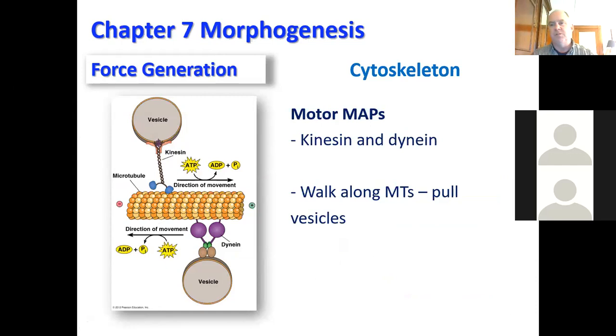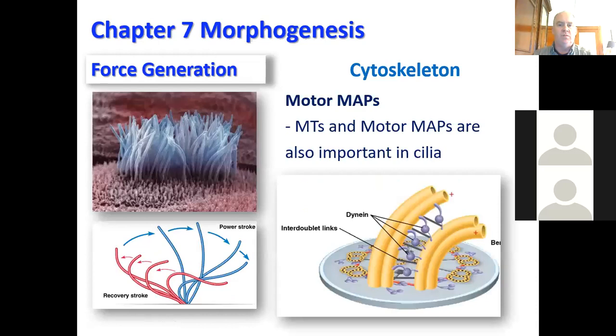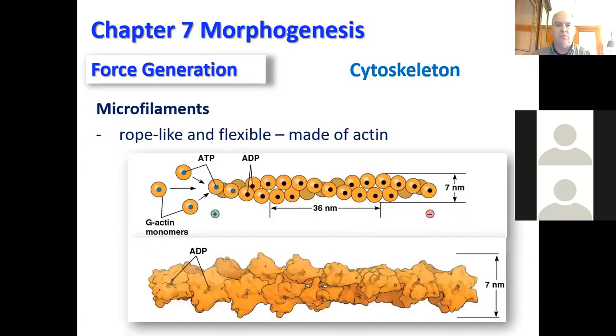So way back we talked about Xenopus fertilization and then cortical rotation. That cortical rotation was caused by microtubules and motor MAPs somehow. Not explained specifically. And then your cilia are also moving because of motor MAPs. They're microtubule based and moving based on motor MAPs.